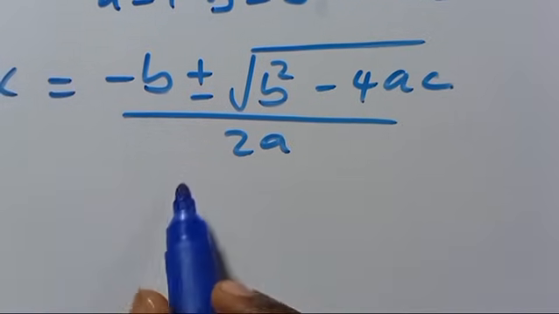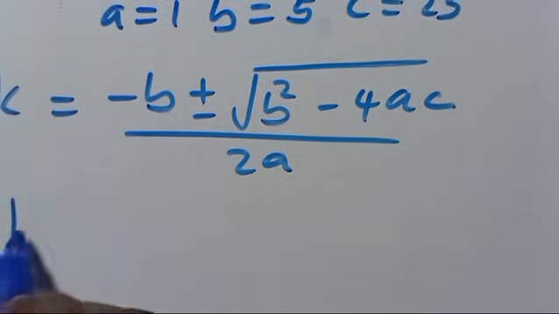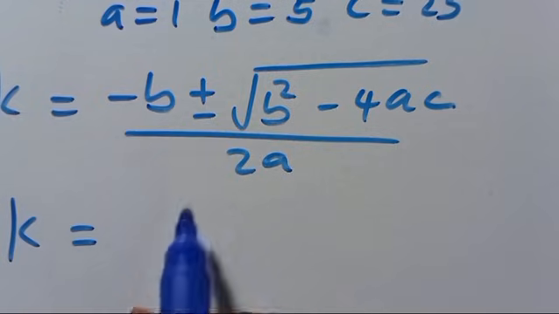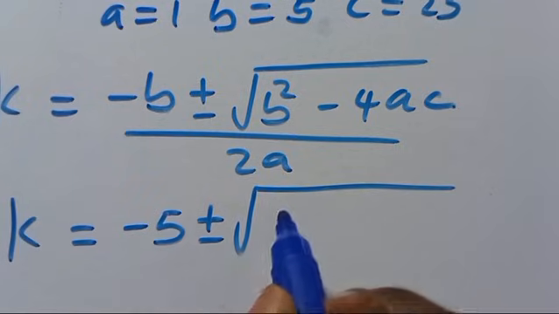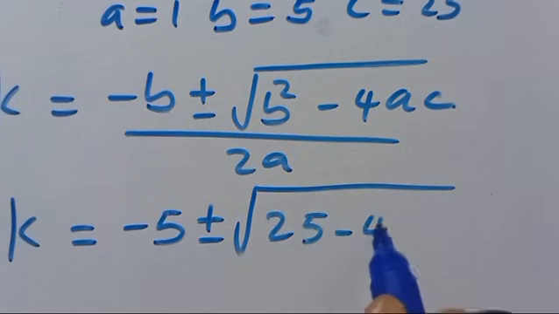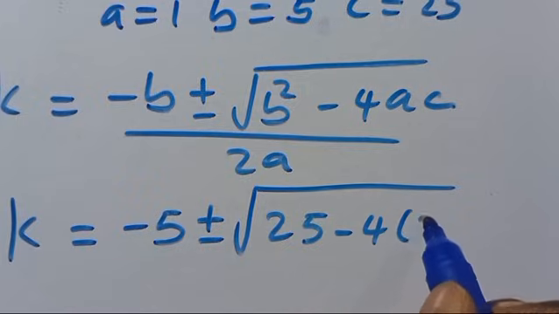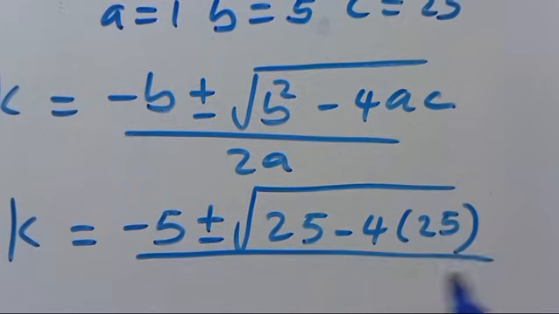So from here, we are going to have k equals minus 5, positive or negative, root of 5 squared will be 25, 4 multiplied by a is 1, multiplied by c is 25, then all divided by 2.